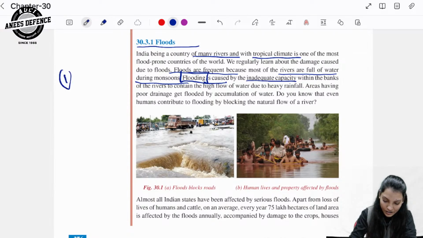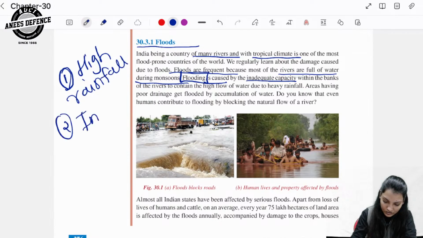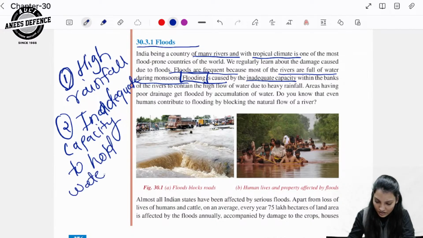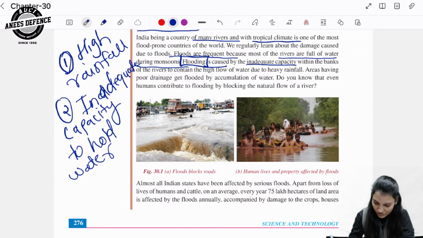First reason is high rainfall. Second is inadequate capacity to hold water. So these are the primary reasons behind the floods.